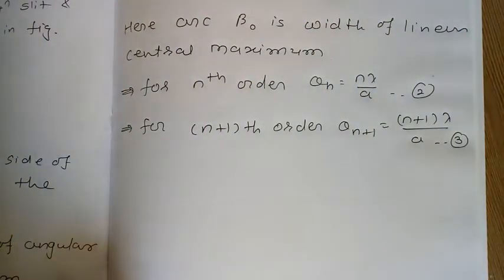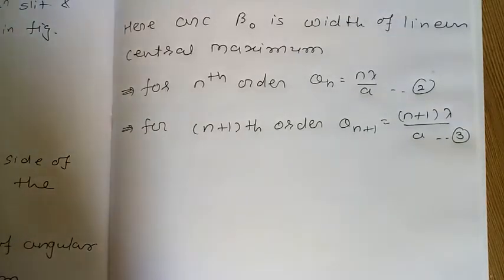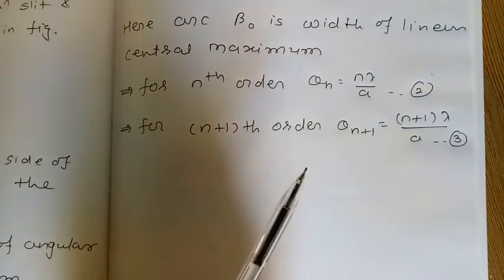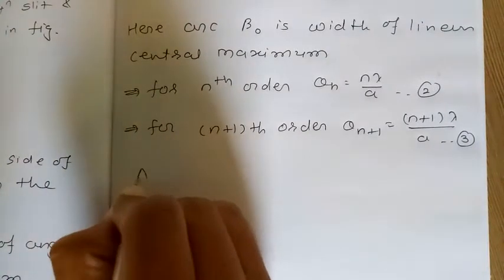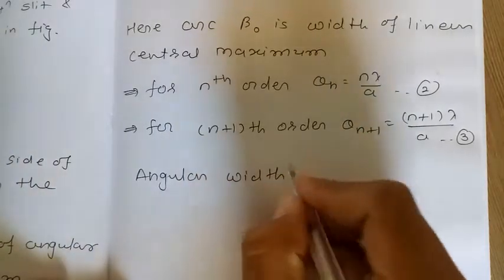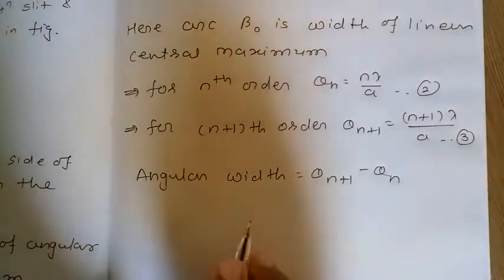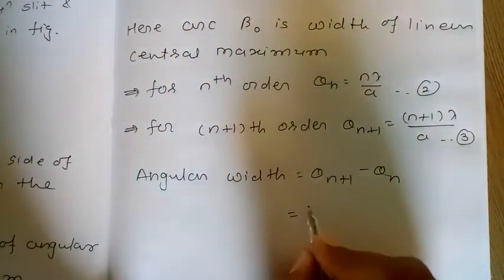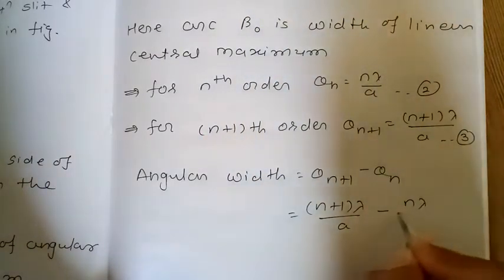Now the angular width of nth secondary maximum. Suppose we have to find out the angular width, so simple, we have to subtract theta n from theta n plus 1, right? So angular width is equal to theta n plus 1 minus theta n. So the value of theta n plus 1 is n plus 1 into lambda by a minus n lambda by a.